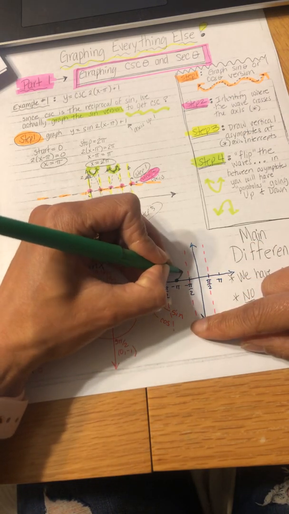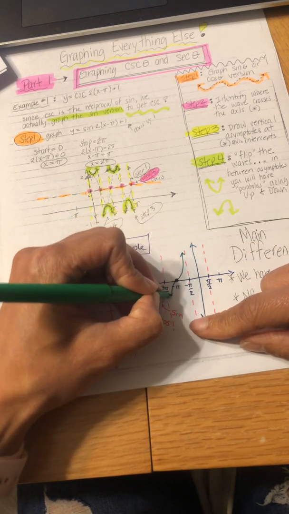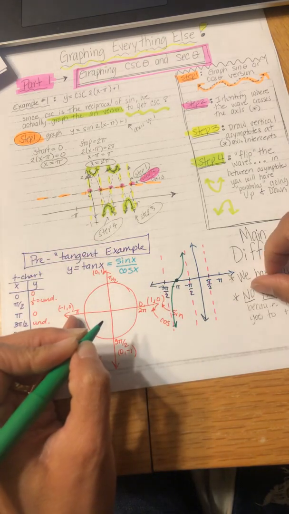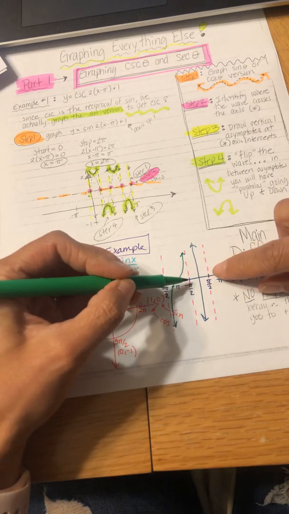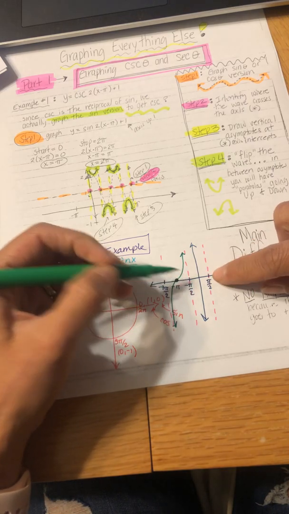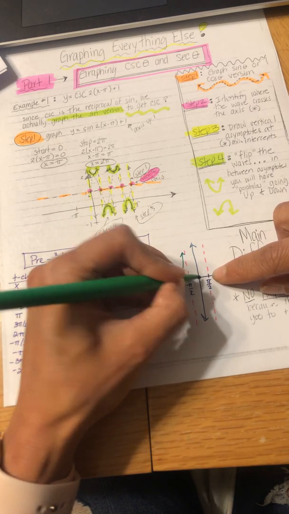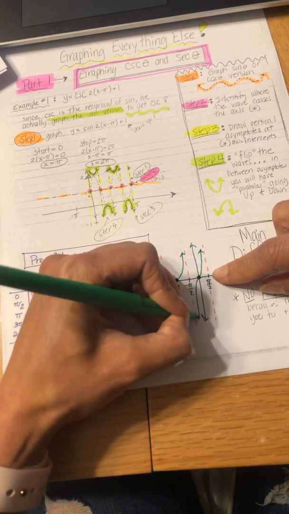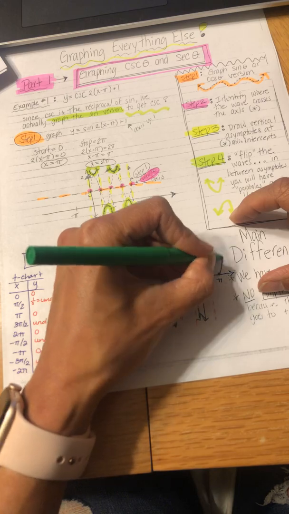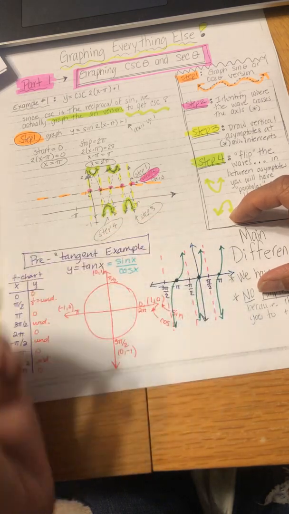Just hug the wall going up on the right and hug the wall going down on the left. Do the same thing over here. Halfway between negative pi over 2 and positive pi over 2 is the origin, 0, 0. Hug the wall going up on the right, hug the wall going down on the left. So pretty much, tangent looks like that all the way around.